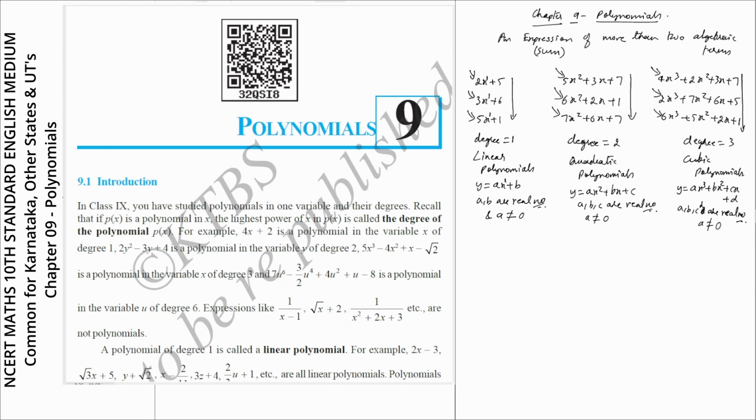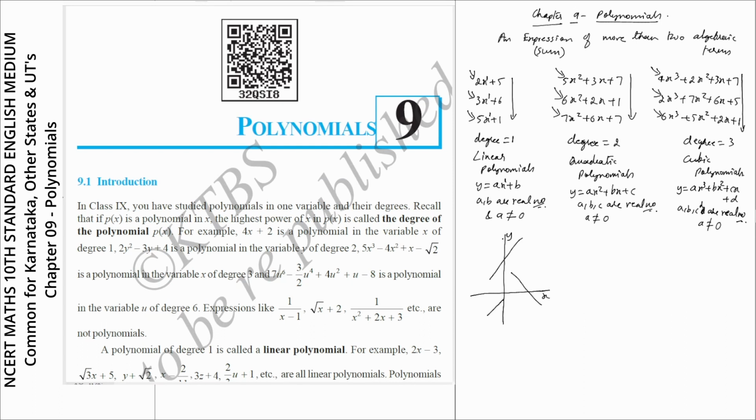Now coming to linear polynomials, if we plot linear polynomials in an xy plane, how is it going to be? If you plot linear polynomials, actually we will get a straight line like this, or the straight line may be like this also, or the straight line may be like this.